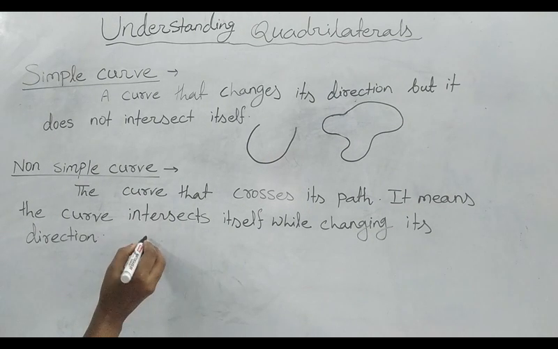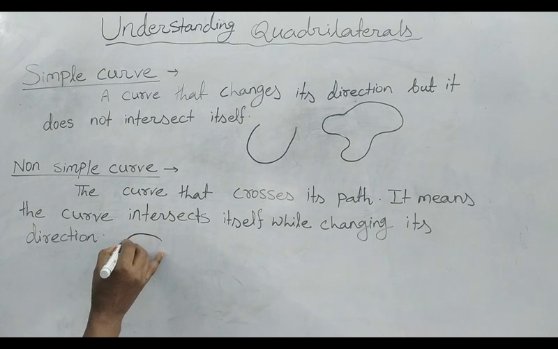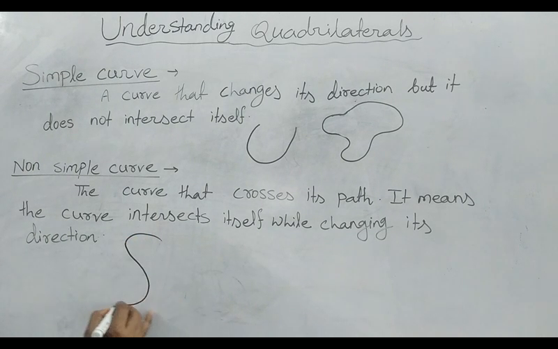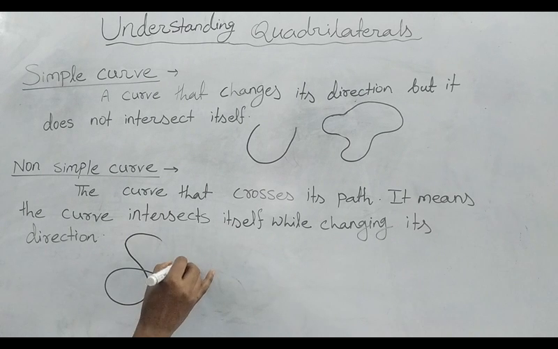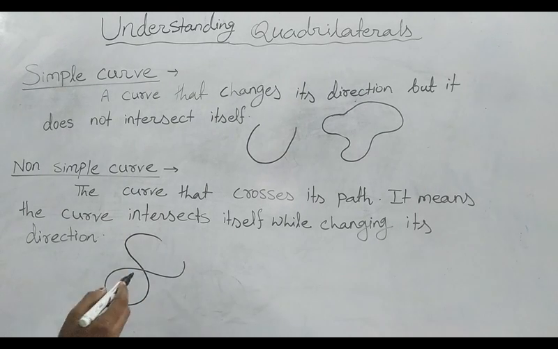Suppose that we try to draw a curve. We start drawing from here and finish at a different point. So this is a curve, but you can find that the path of the curve crosses itself.